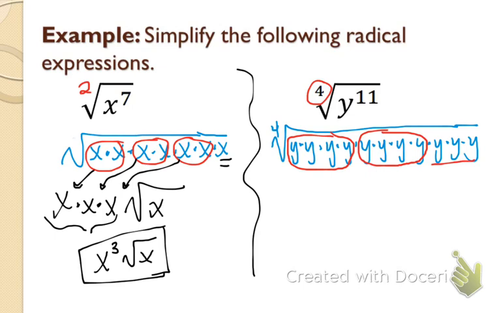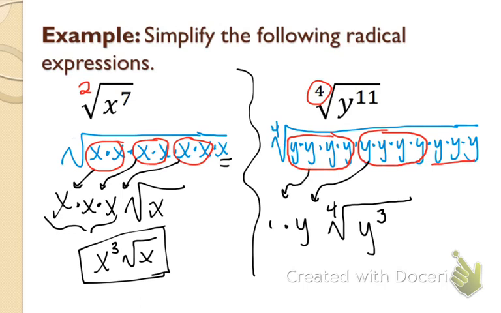So our final answer is going to be the 4th root of y. There were 3 of them that did not get grouped, so y cubed. Here we had a group of y, so write it once. Another group of y, so write it once. These two give us y squared, the 4th root of y cubed. And this would be our simplified answer.